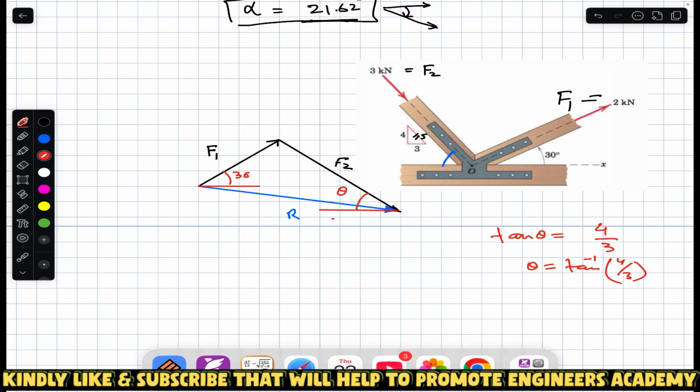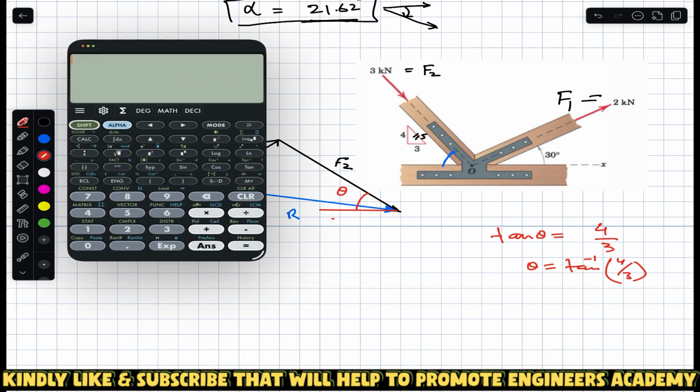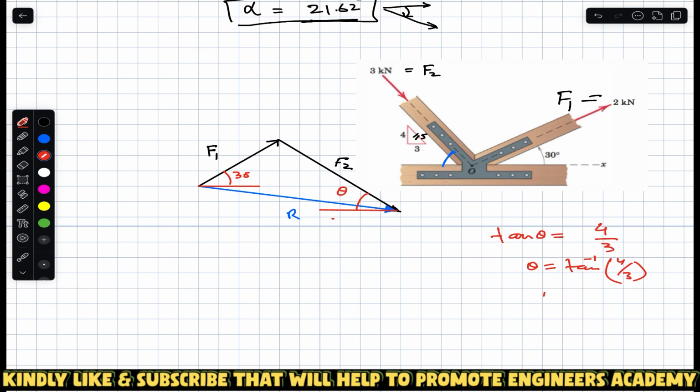So tan inverse 4 divided by 3 is 53.13. So theta is equal to 53.13. So f2 is making a 53.13 degree angle with the negative x-axis. So this angle is 53.13. Similarly, if I draw a horizontal line here, then both of these angles will remain the same, as they are alternate angles.